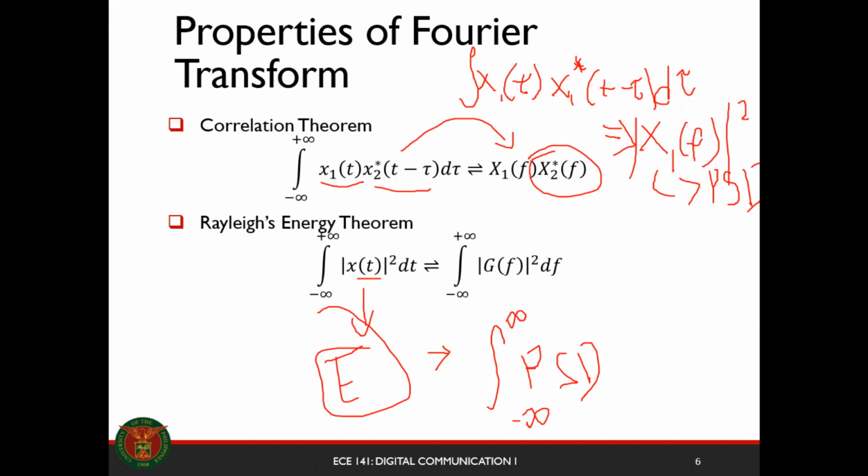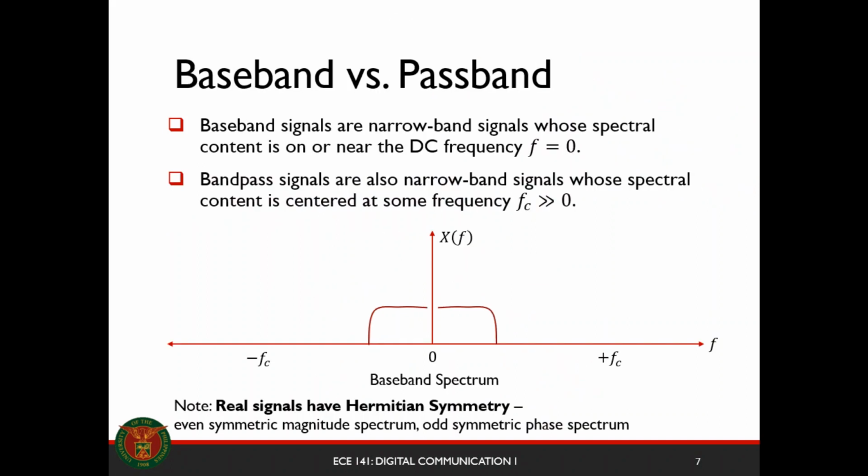Alright. So now we know the different properties of Fourier transform. How do we apply them to our communication signals? So communication can be split into a baseband and a passband type.